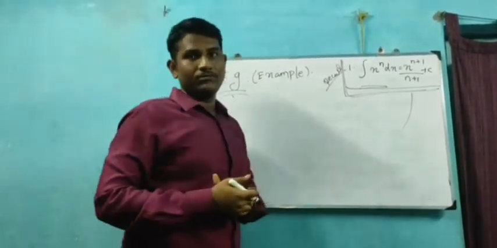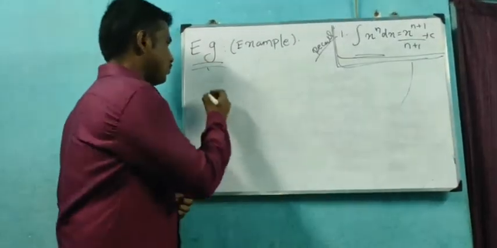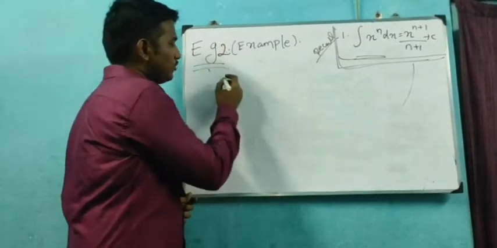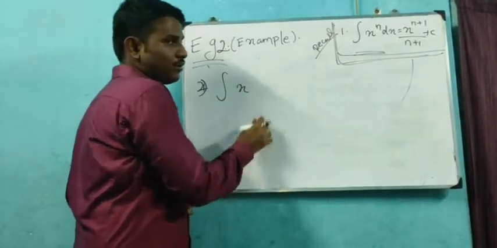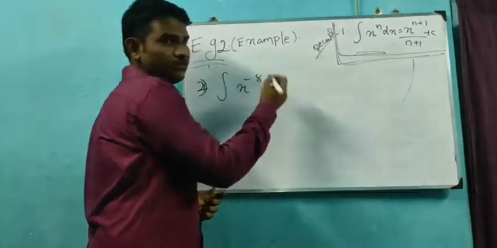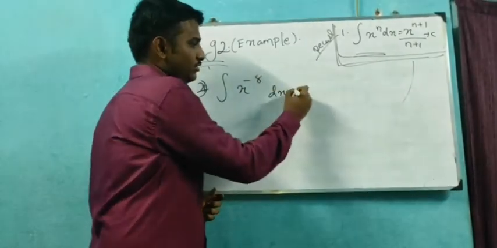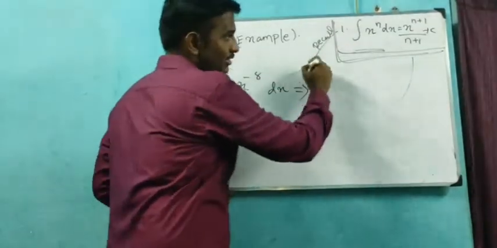So one more problem. Now the second example. Integration of x power, let me put a negative number this time, minus 8, dx. How to integrate this form? It looks like this formula, right?